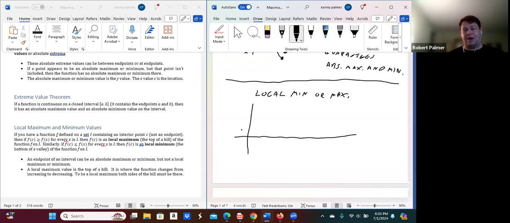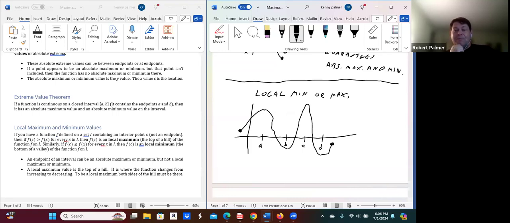I'm actually going to make several here. Let's say this is our function. Now let's label these. Let's say this point is A, B, C, and D. If you notice here, it's much like a roller coaster or a hilly road.